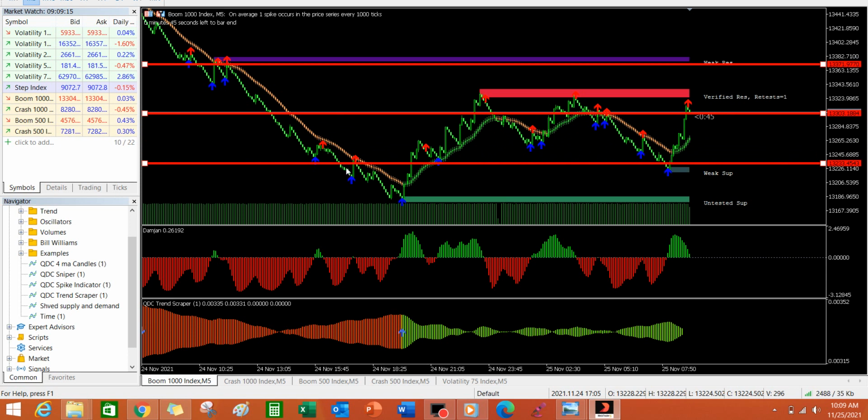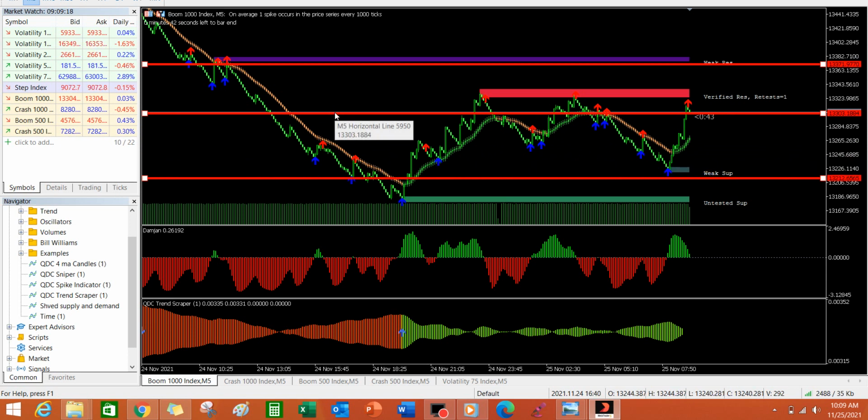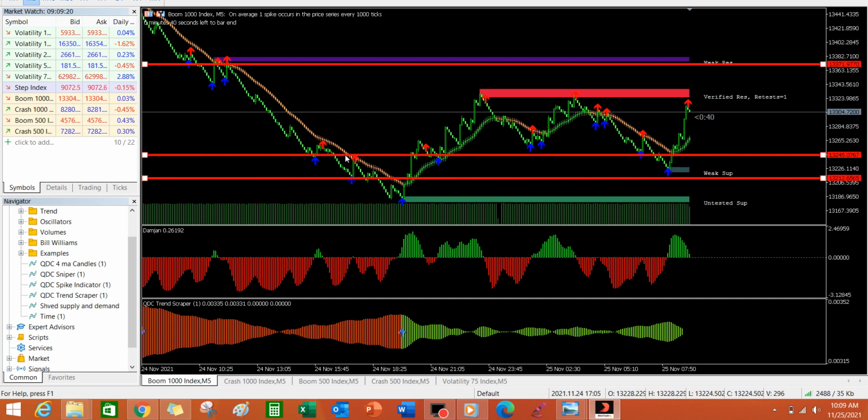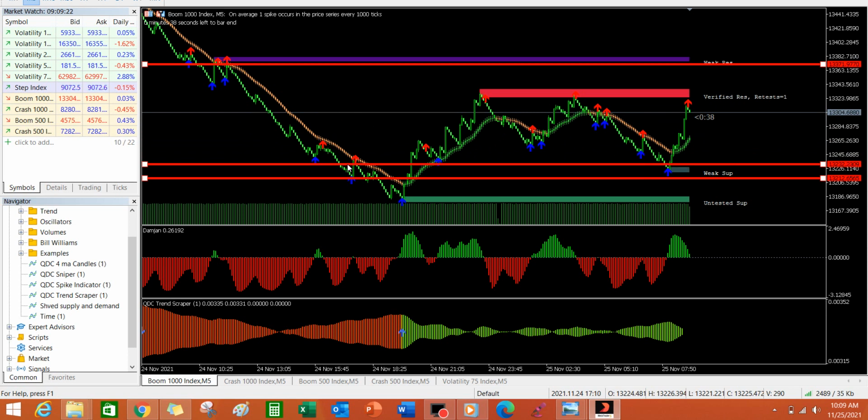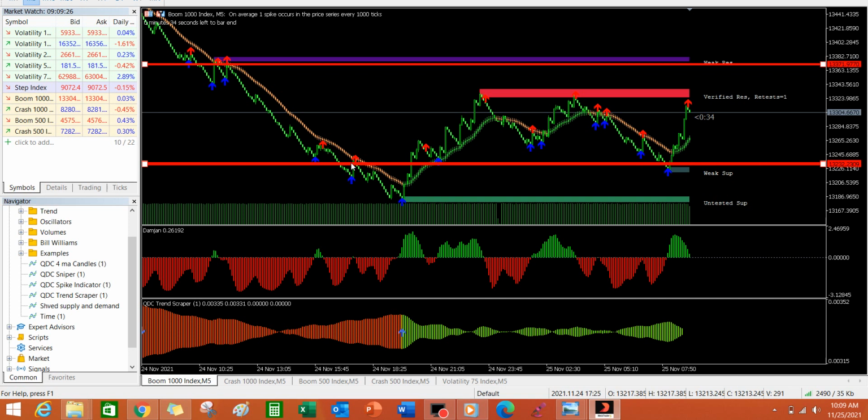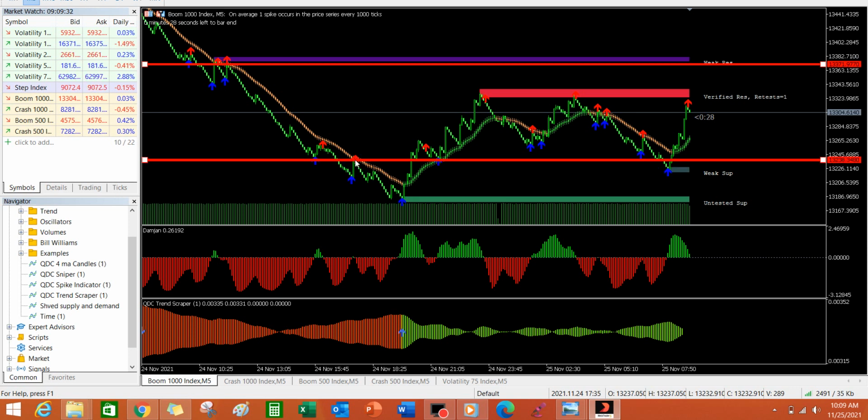So let's say it has gone down again, and you even decided to put your stop loss somewhere here in order to make more profit, and it spiked up and got to your stop loss. This is the end of the spike, so it is going to push your stop loss to the end of the spike and close your trade for you at that point, which means the profit between here and your entry point will go straight to your balance.